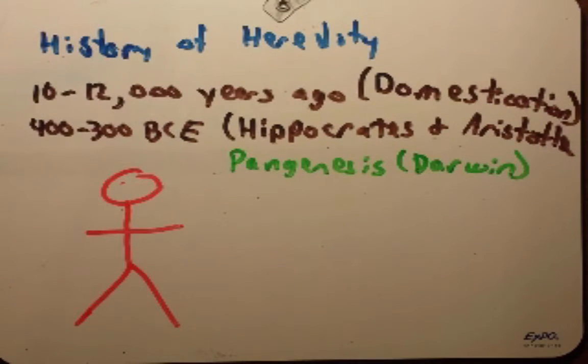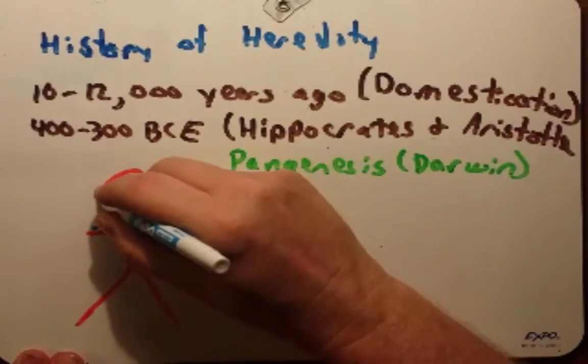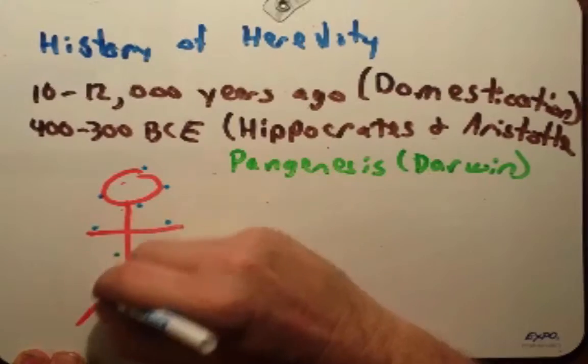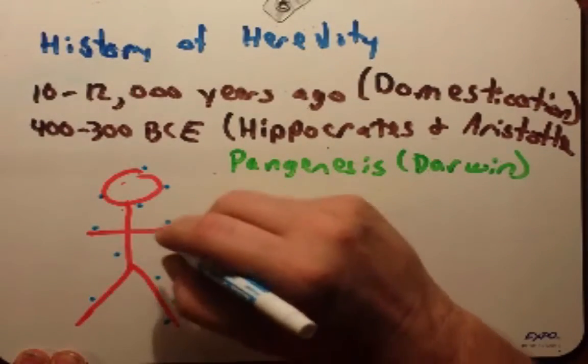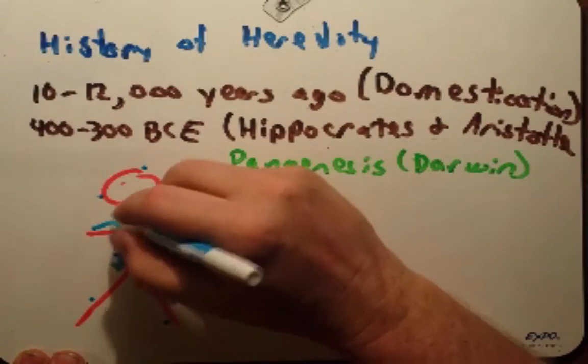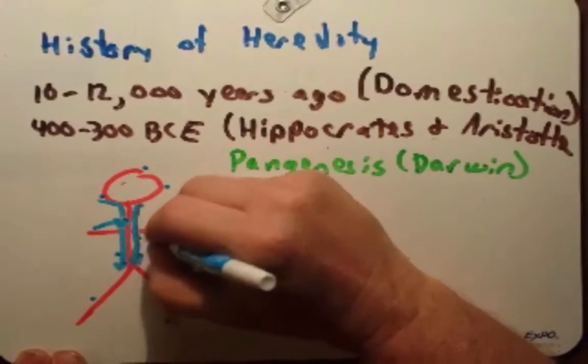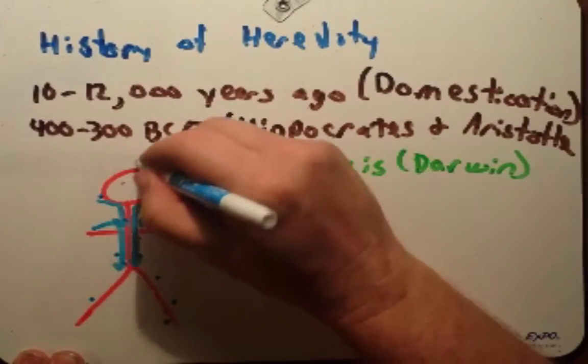So the basis of Pangenesis says that every cell in our body, every tissue in our body, produces these very tiny particles. And these tiny particles, in all of the tissues of our body, they all send these particles from the different parts of our body to the gametes.